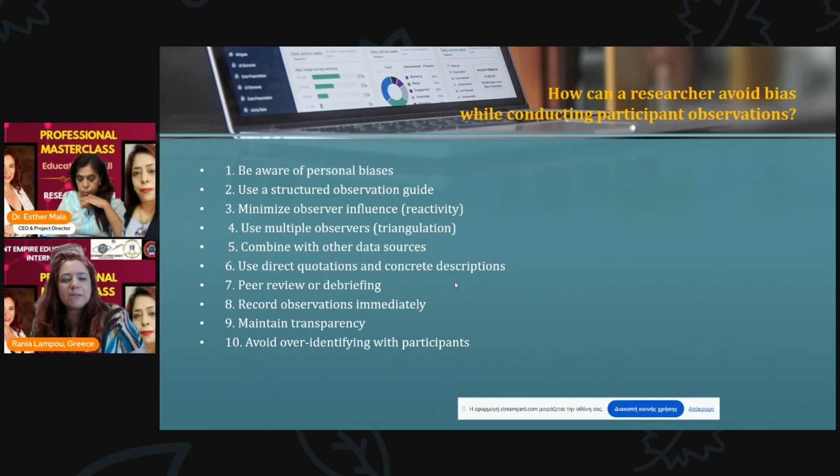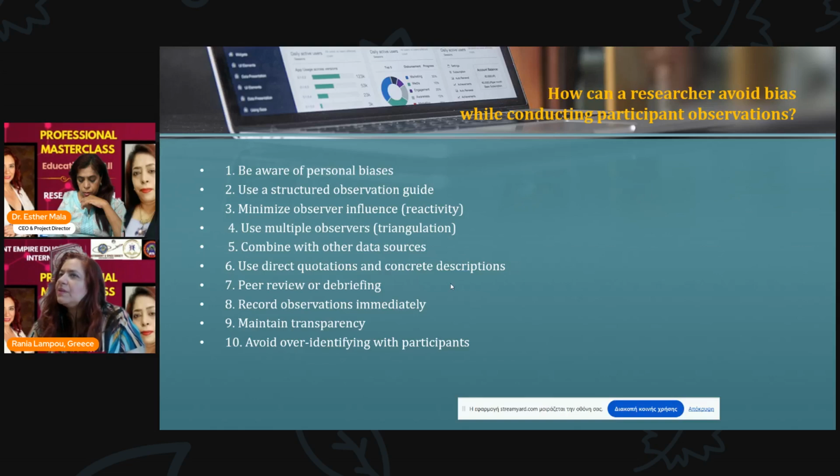By using multiple observers, triangulation, a very important term that we're going to encounter during the whole research journey. Triangulation is the key word, has to do with multiple sources, and this involves, for example, another trainer observing, comparing notes to reduce individual bias. If it's not possible, record field notes.